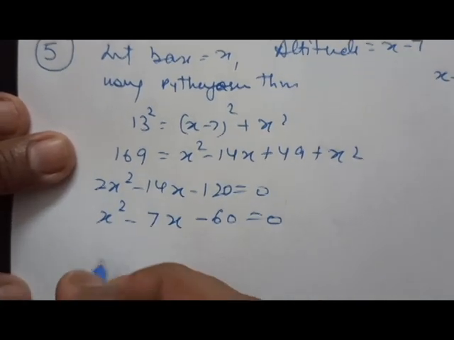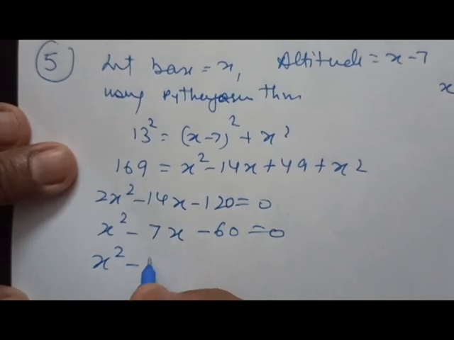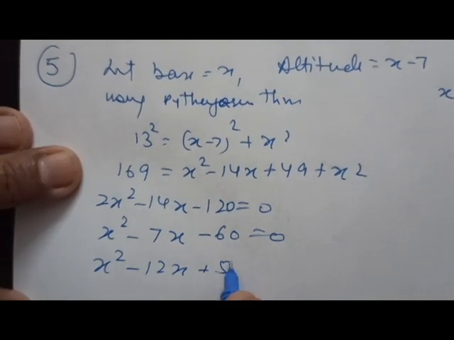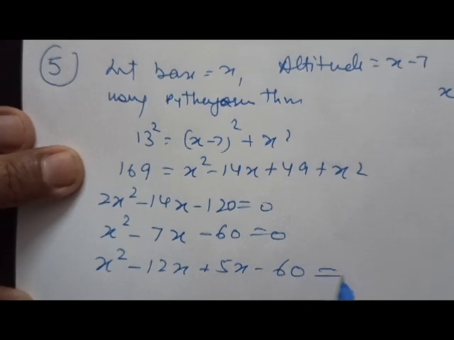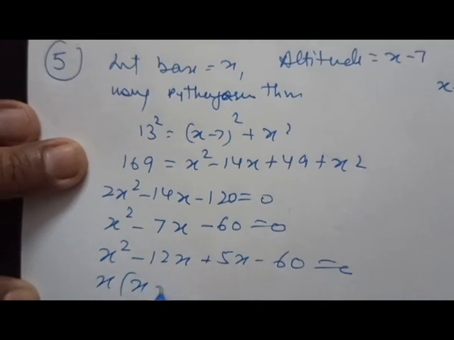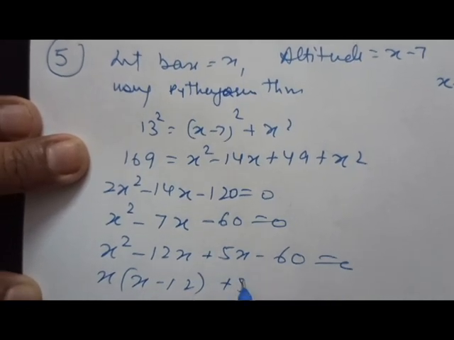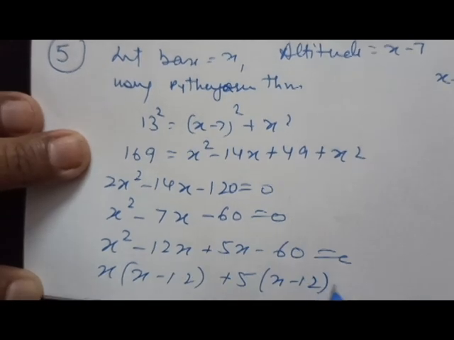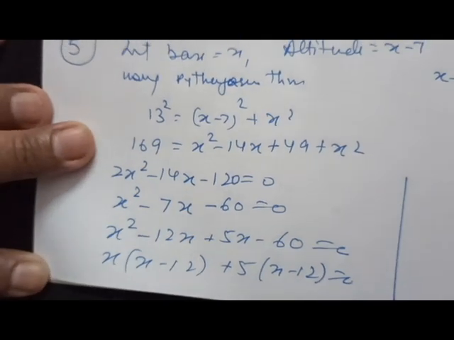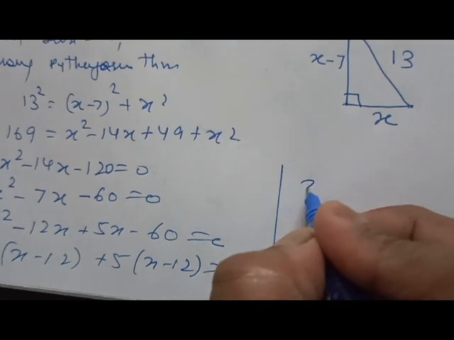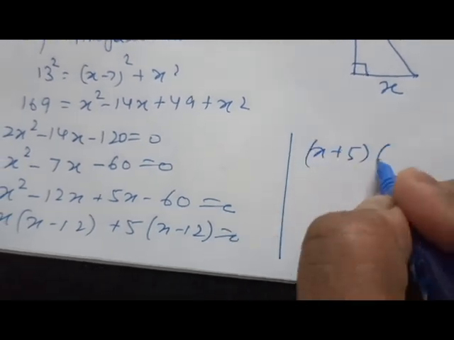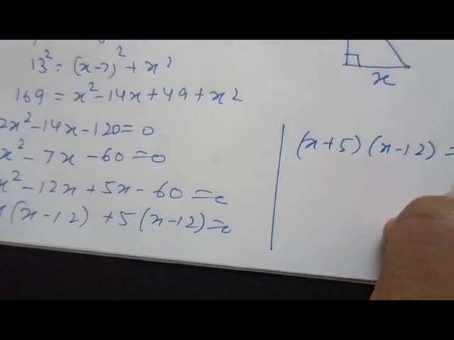So 12 5s is 60, so we write x square minus 12x plus 5x minus 60 is equal to 0. Let's take x common, x minus 12, 5 common, x minus 12 is equal to 0. Now solving on the side, we get x plus 5 into x minus 12 is equal to 0.